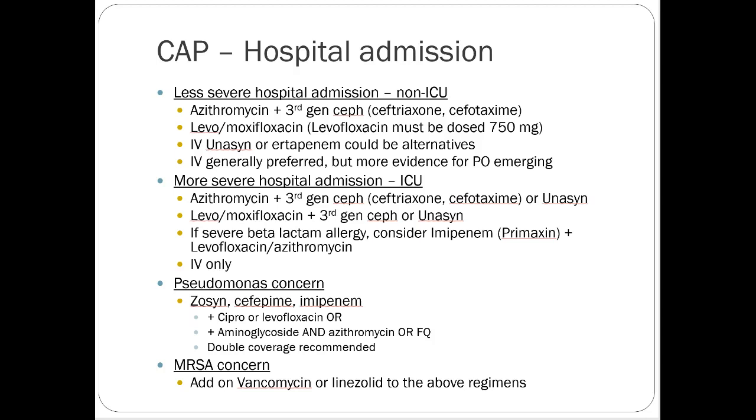So that's where it's nice to have the levofloxacin or the ciprofloxacin on board if you have one of these more broad spectrum agents, because you are getting that double coverage and you're getting your atypicals in the same pathway. Whereas if you did an aminoglycoside, that's going to double cover Pseudomonas but doesn't do anything for atypicals. So you still have to add an azithromycin or a fluoroquinolone on. And again, it's a few too many antibiotics for my comfort zone.